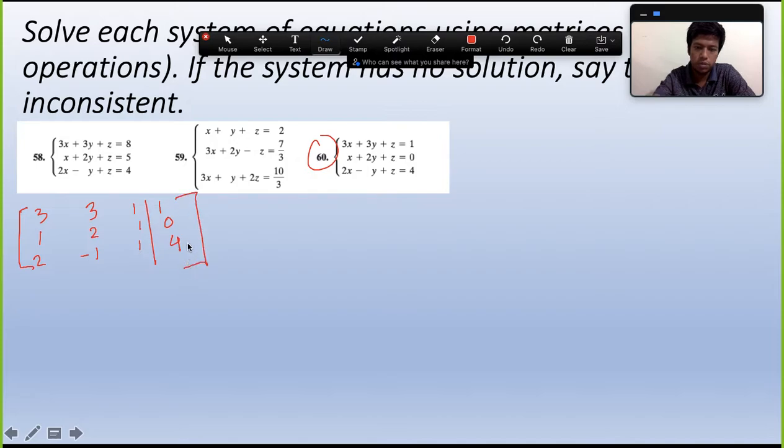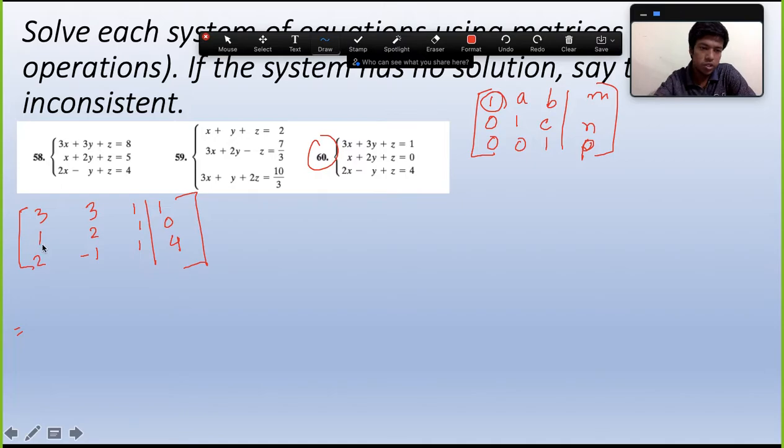Now, always keep in mind that our target is 1, 0, 0, then A, 1, 0, then B, C, 1, and whatever comes in the last column doesn't matter. First, we want a 1 there. How do we get that 1?